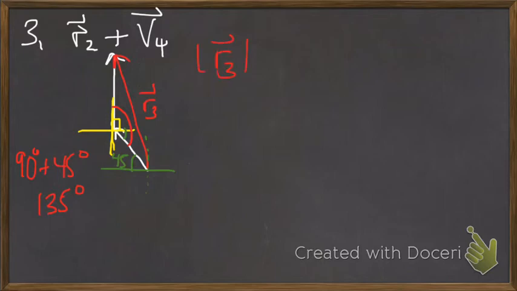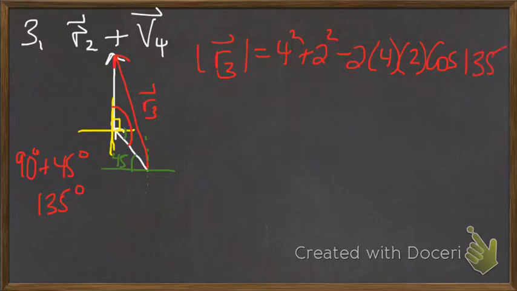So now I can use cosine law and solve for R3. So the magnitude of R3 is going to be 4 squared plus 2 squared minus 2 times 4 times 2 times the cos of 135. And what we get for our final resultant is about 5.6 kilometers. Now what you need to do is give some sort of a direction.